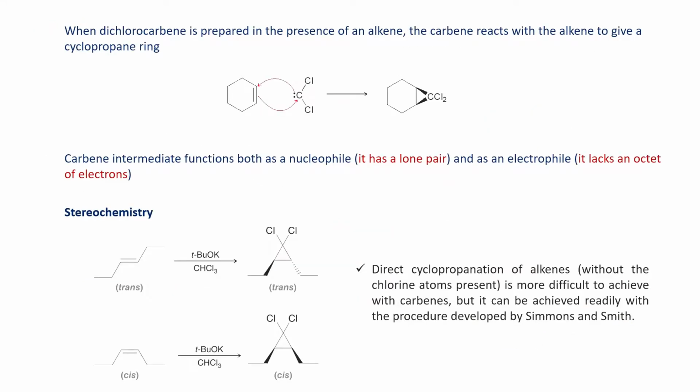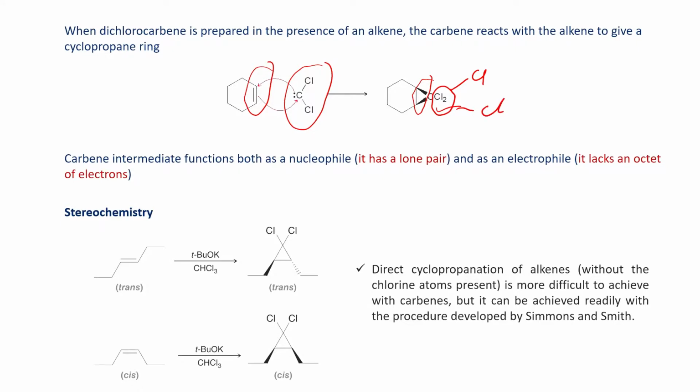When your dichlorocarbene reacts with this double bond here, it will give you this cyclopropyl structure with dichloro groups present on it. So this is the drawback of the reaction with dichlorocarbene, because you get a cyclopropyl structure but the chlorine groups remain in this system.